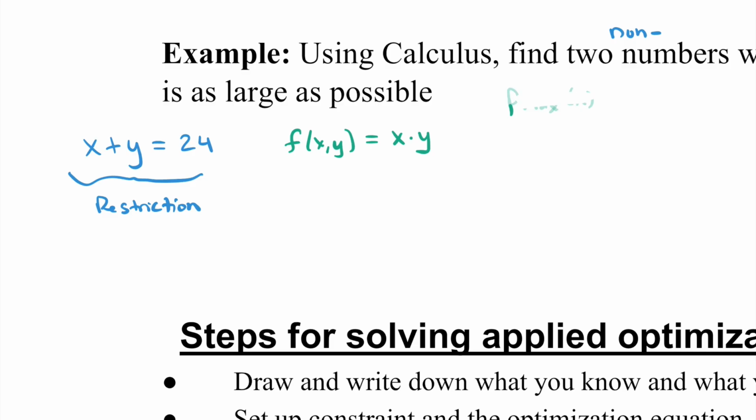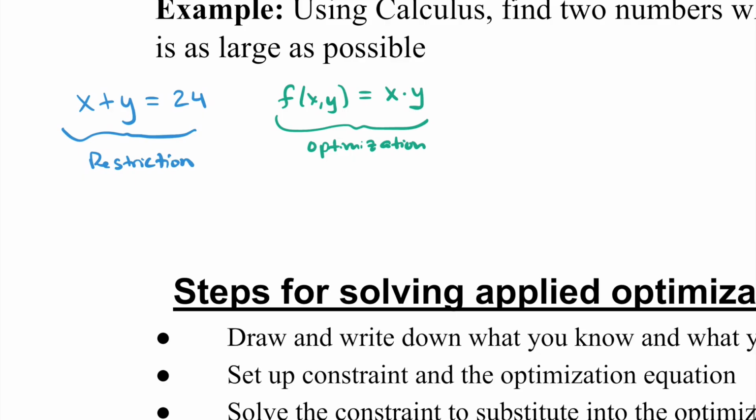I like to write it as xy. So this is going to be our optimization. This is what can change based on what numbers we substitute into it. No matter what, x plus y always has to equal 24. But x times y is the thing we're looking to optimize, or to maximize.